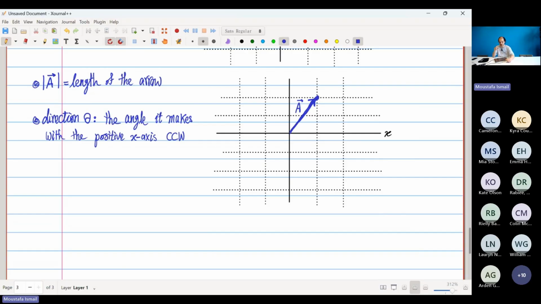This is just by convention. So you start from the x-axis and you go counterclockwise. So this is the angle theta the vector makes. Okay.